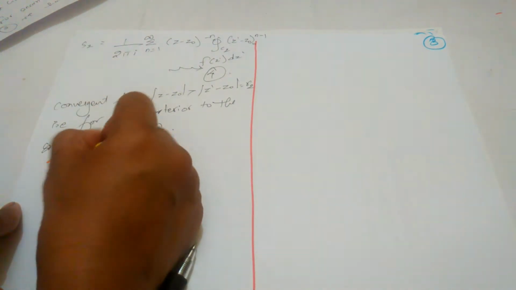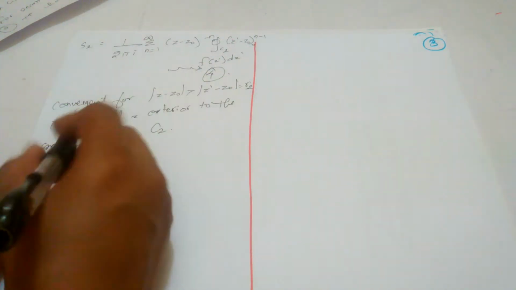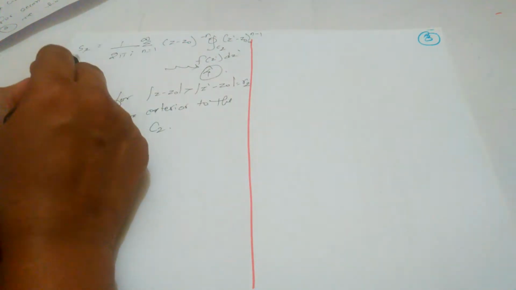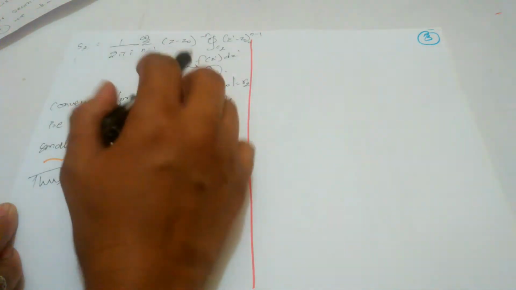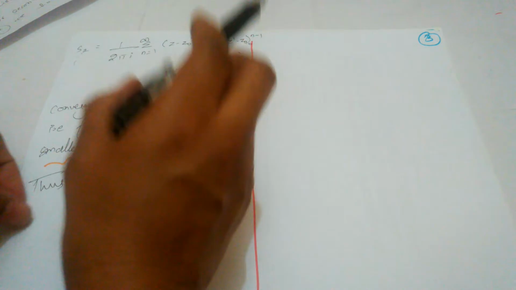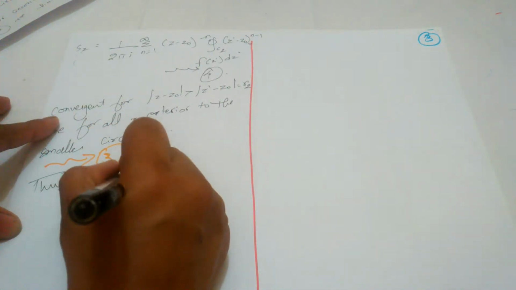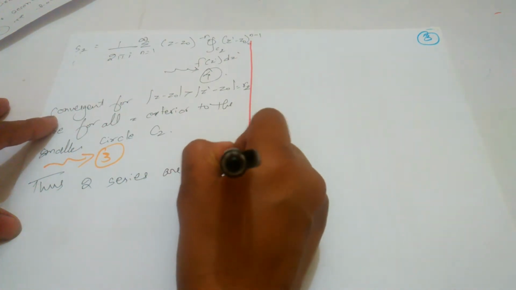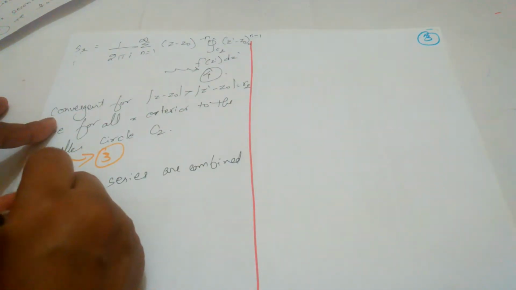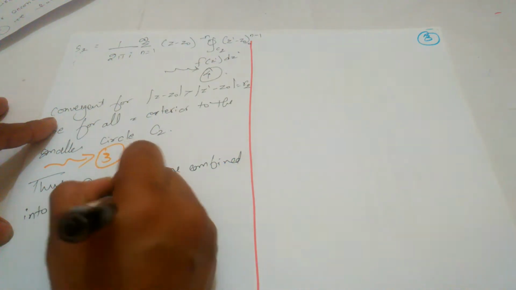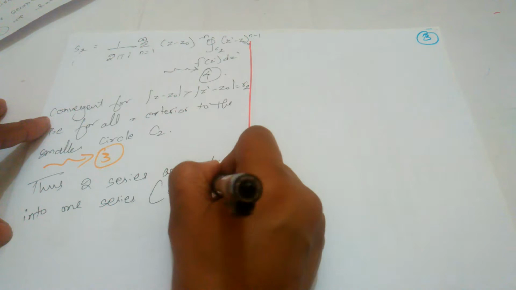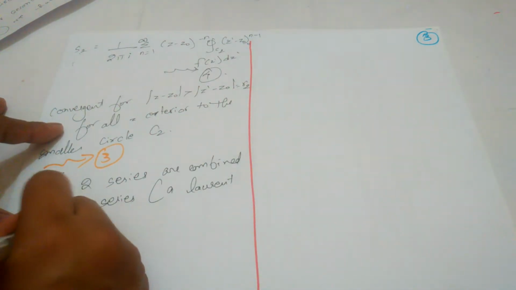This is the third part of our expression. These two series, S1 and S2, that is equation number 3 and equation number 4, are combined into one series. We call it a Laurent series.